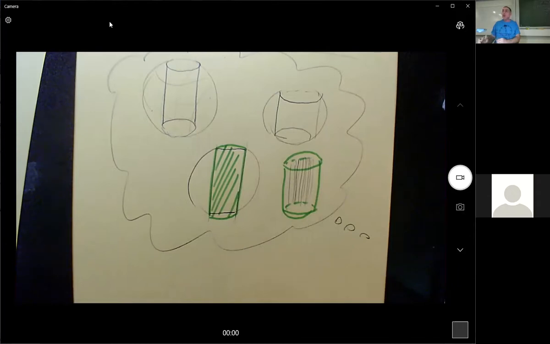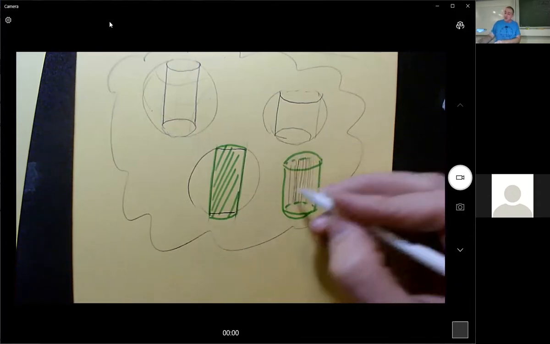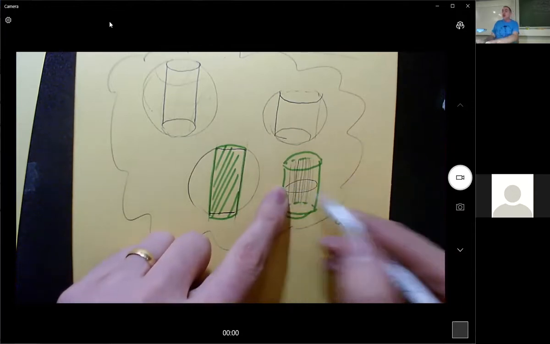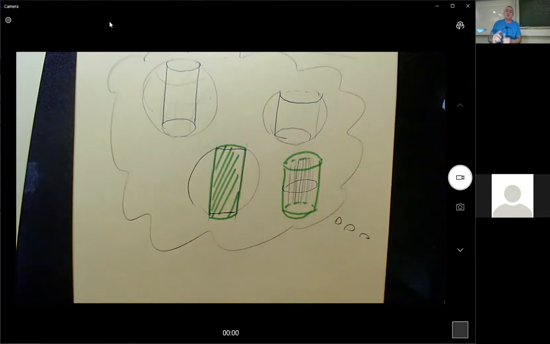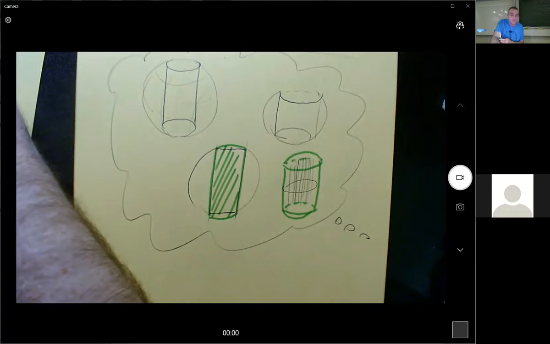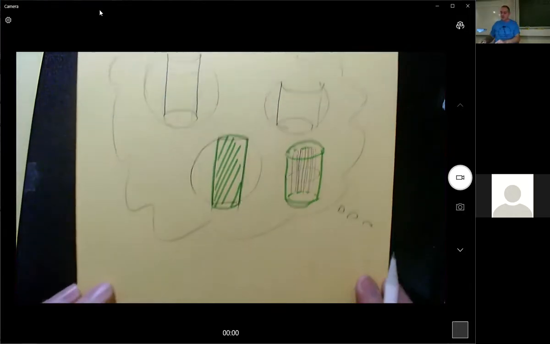So if I could create a function that told me how high this was, then I could use this circle here and integrate across that circle. That's my guess for what I'm going to do.